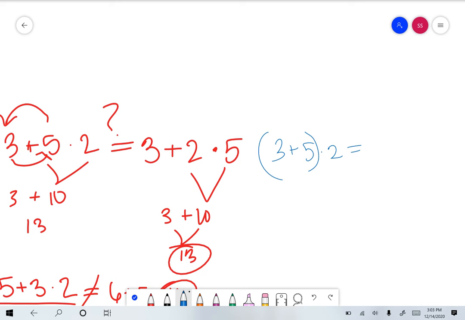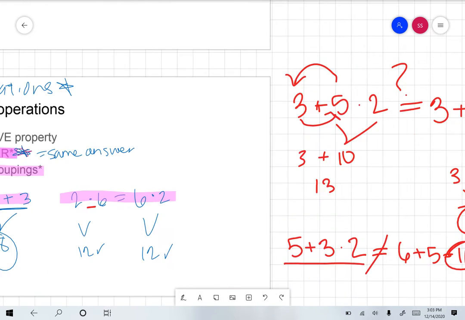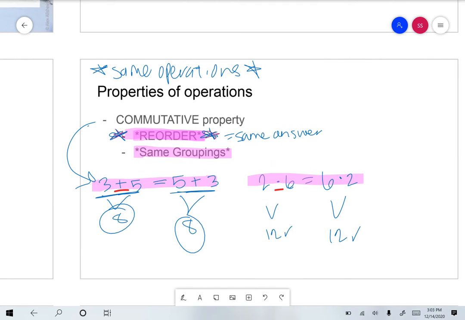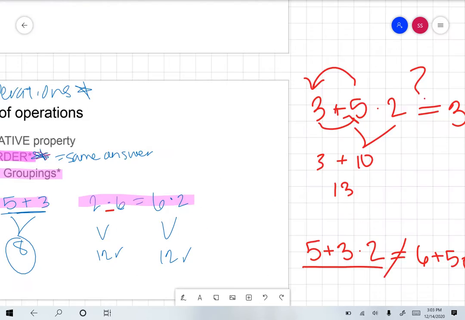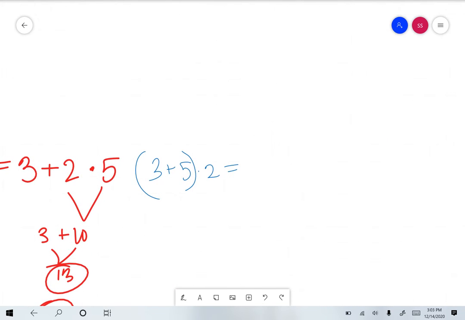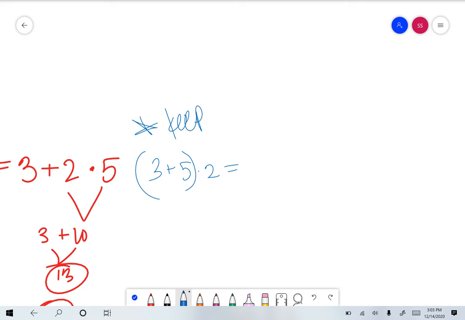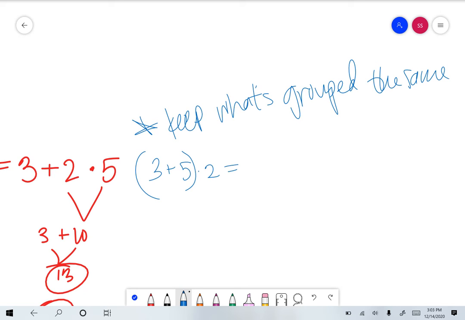The key thing would be to, and again, this is why I wrote same groupings on here, same groupings, okay? If you had something like this and you were asked to change it using commutative property, you have to keep what's grouped the same. Okay, so what I mean by grouped is what's inside the parentheses.